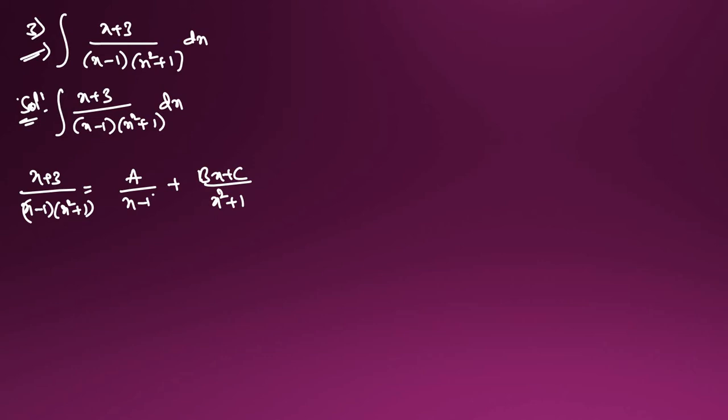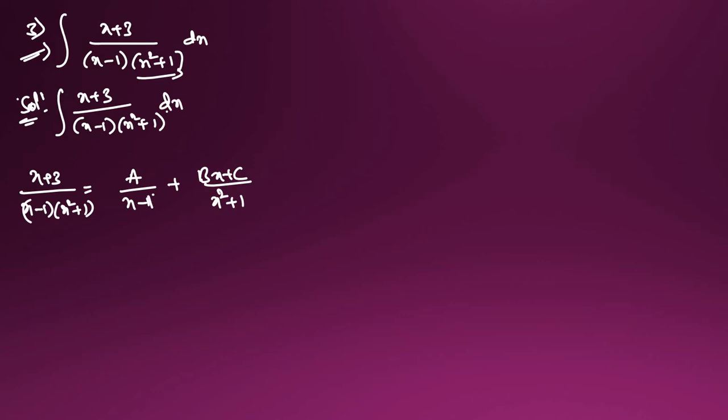And again, if x square plus 1 whole square comes, we have to take again dx plus e divided by x square plus 1 whole square, like this. But the question is given up to this one only, so we erase this step. I just told you this because in case it comes in the squares form, you have to do that.